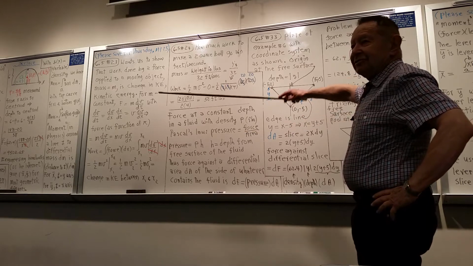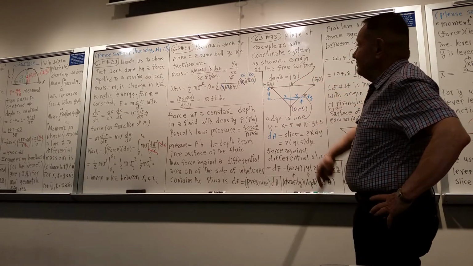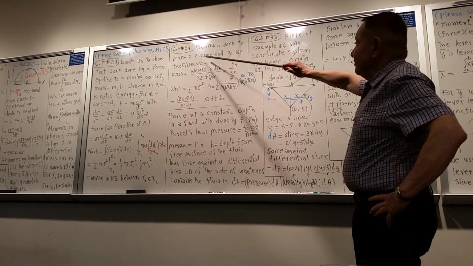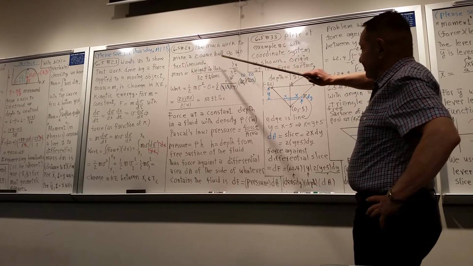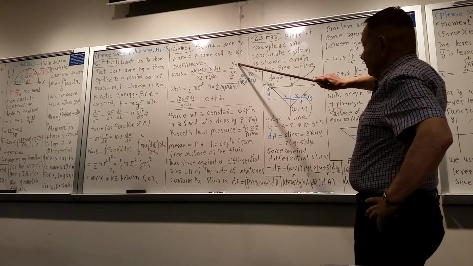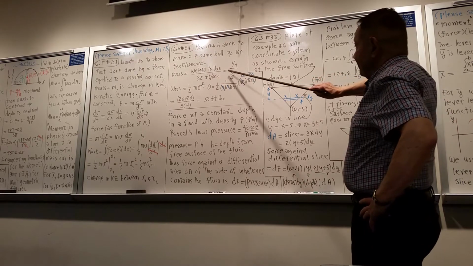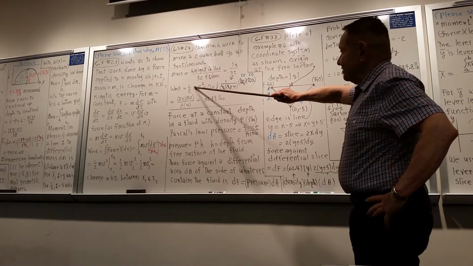So to get the answer in the book, you'd use 32. There's 16 ounces in a pound, so 2 ounces is 1/8 of a pound, and you divide that by 32.